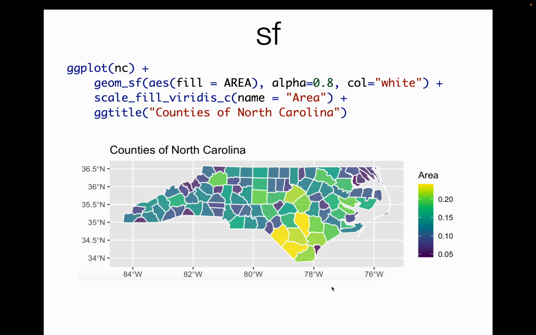Okay, and then you can add stuff to it. Here, although it's not very exciting, I filled in the counties with their area. If you look at the different colors, you can see that gradient is for the area.